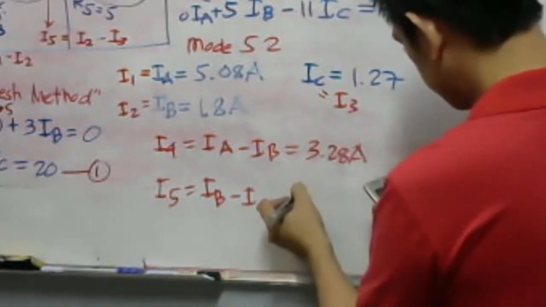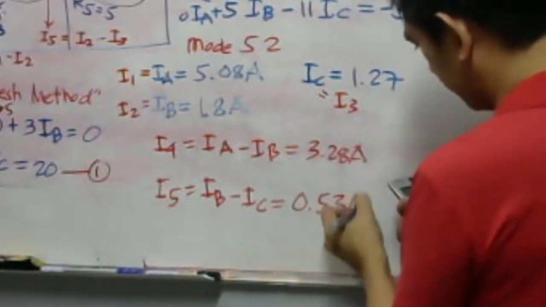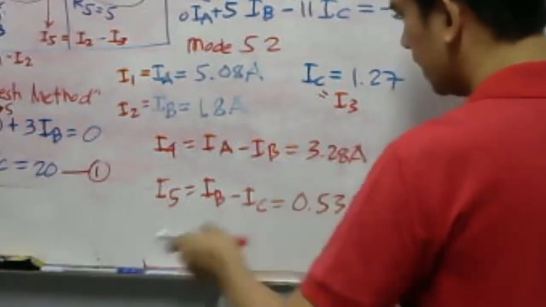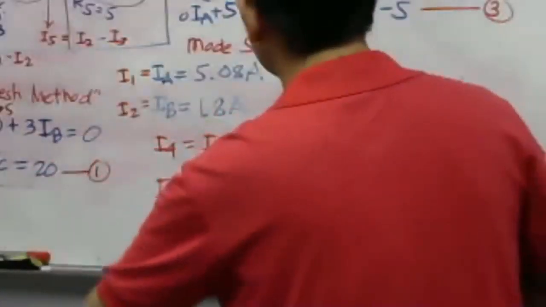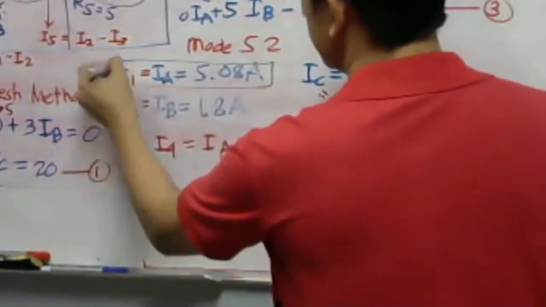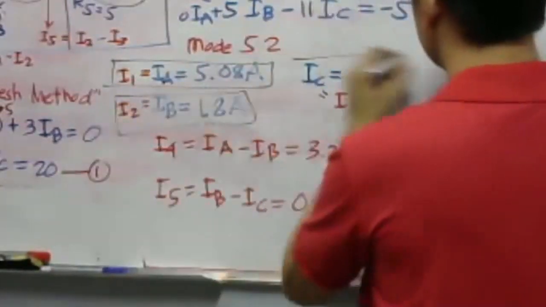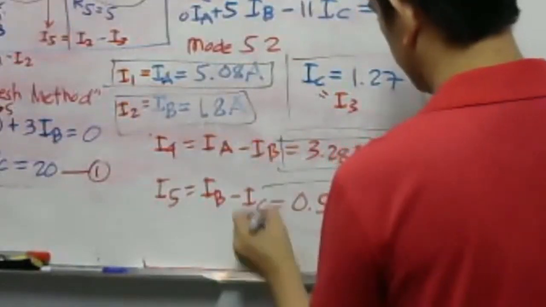The answer is 0.53 amperes. So this will be our final answer, guys. That is for I1, for I2, for I3, this is for I4, and for our I5.